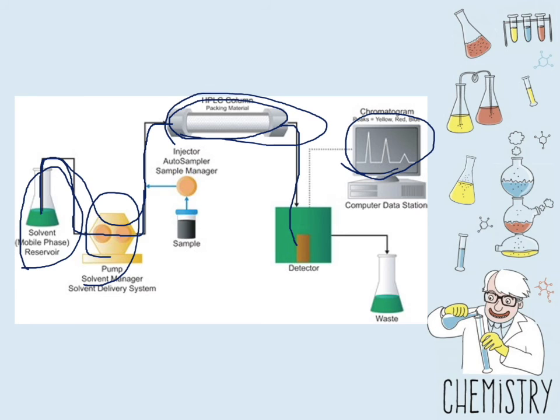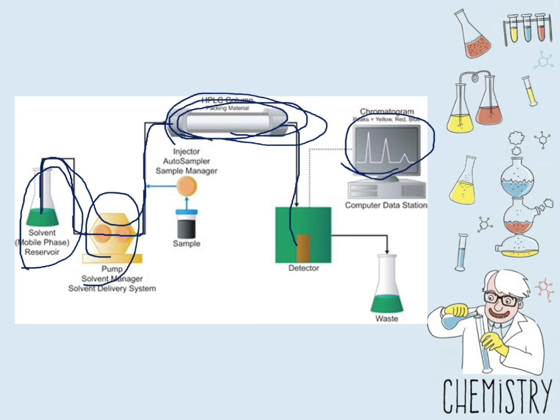And when the mobile phase exits the detector, it can be sent to waste or collected if desired, the mobile phase that contains a separated compound, which HPLC provides the ability to collect this fraction of the eluate containing that purified compound for further study.